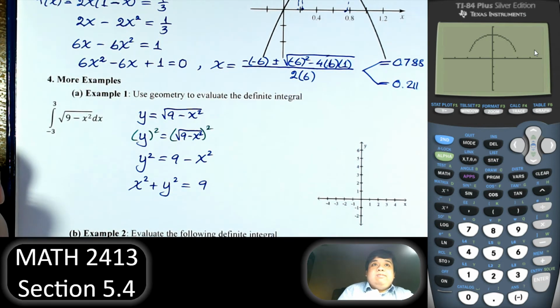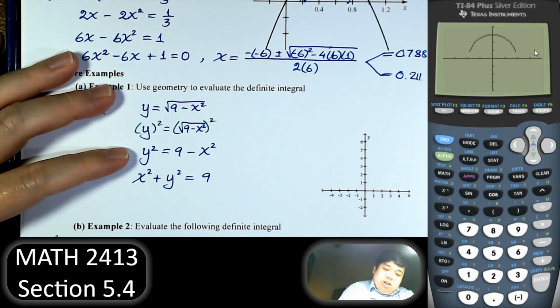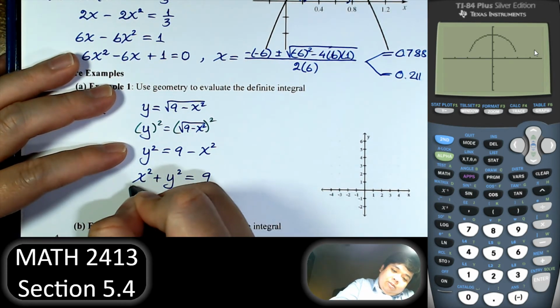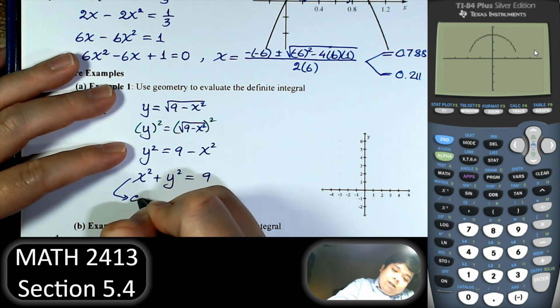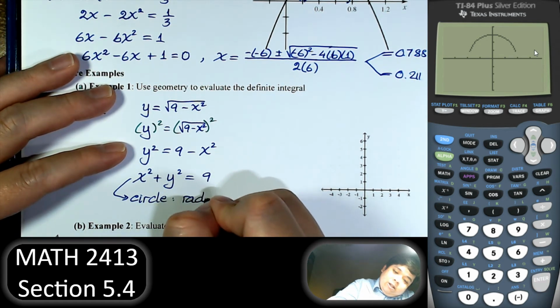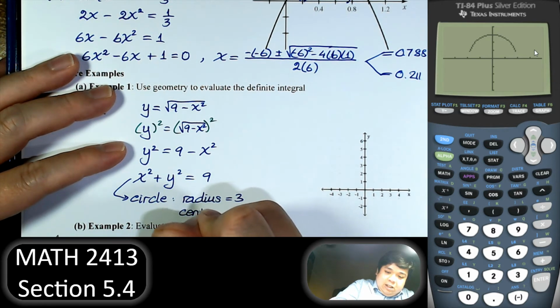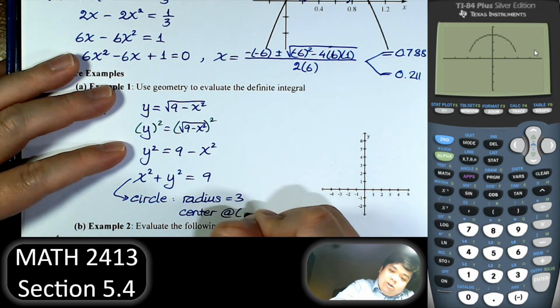And what's this? This is the equation of a circle, radius equal to 3, with the center at the origin, 0, 0.